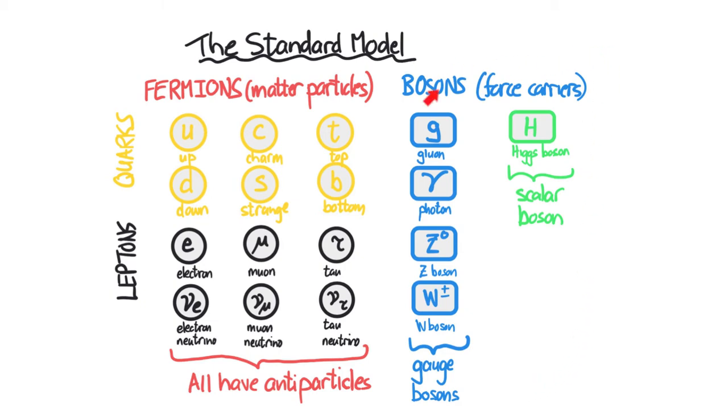So we have the bosons. Now bosons follow what they call Bose-Einstein statistics. If you go further and study at university, you'll do statistical mechanics somewhere in your undergrad, and you will learn about Maxwell-Boltzmann statistics, about Fermi-Dirac and Bose-Einstein. Now, if we look at these bosons, these are gauge bosons, and these gauge bosons are the gluon, the photon, the Z boson, and the W boson.